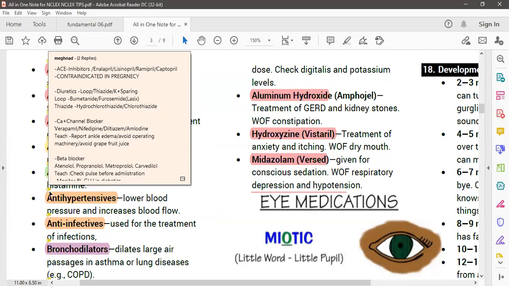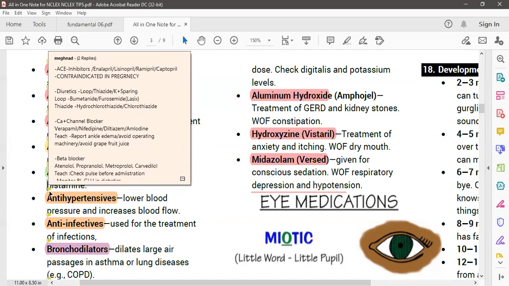ACE inhibitor, or angiotensin converting enzyme inhibitor. They lower the blood pressure but increase the blood flow to the heart. We use this medication to treat hypertension and heart failure. Also, they protect the kidney function in patients with diabetes mellitus.